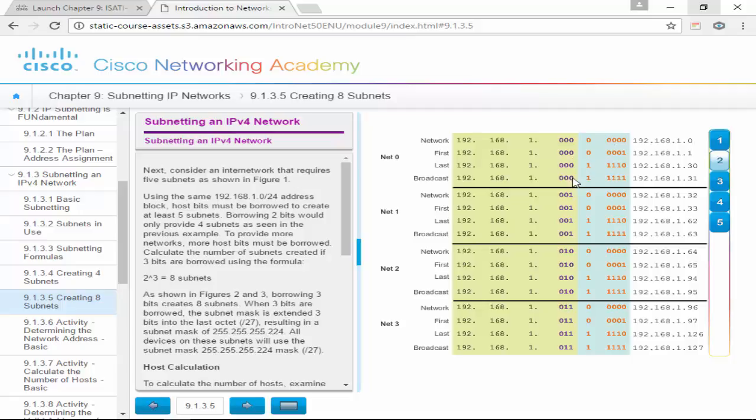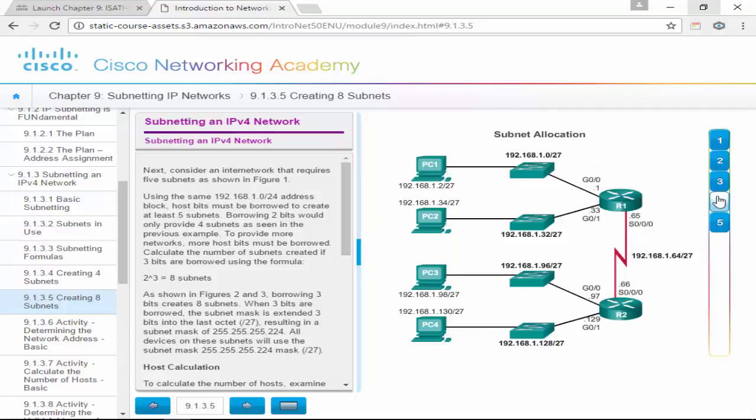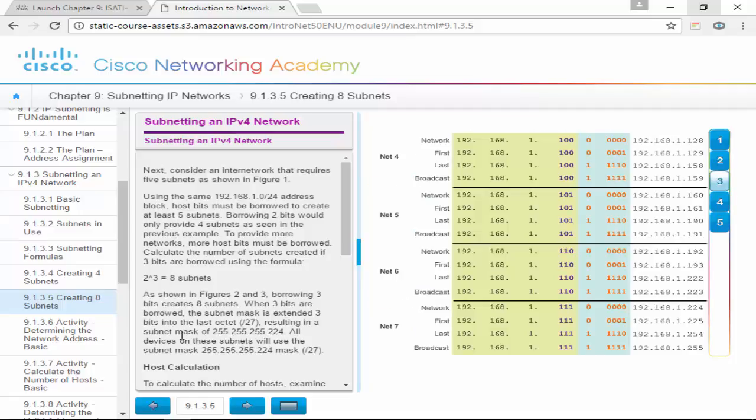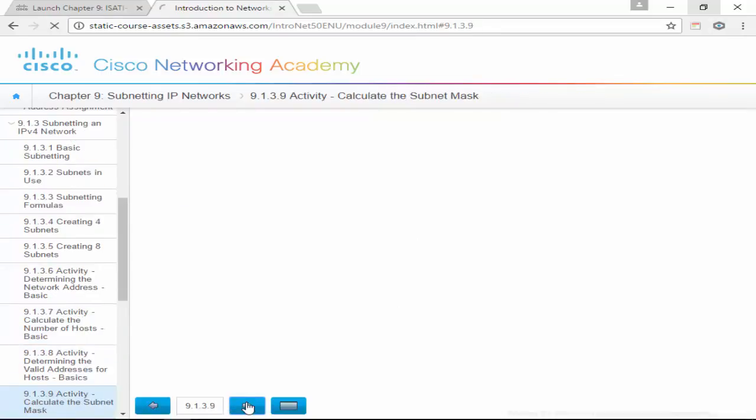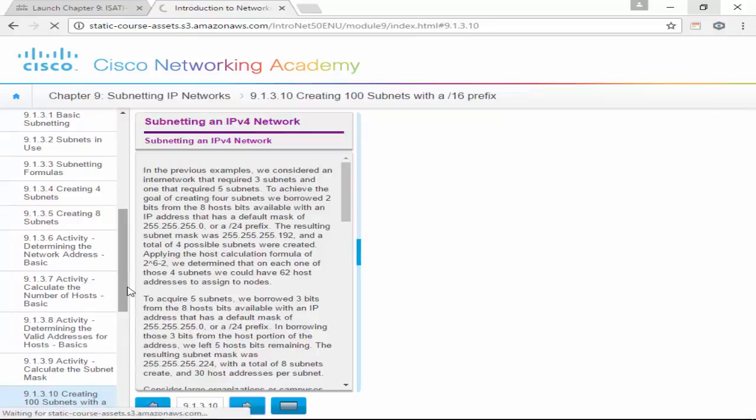And if we want to find the broadcast, it's all ones after the network number. So same deal as before. Go through that if you're still not getting it. These activities probably would be convenient if you want to do them.